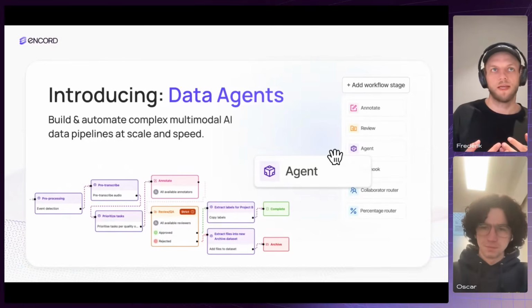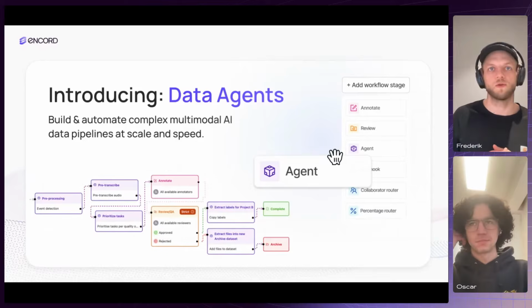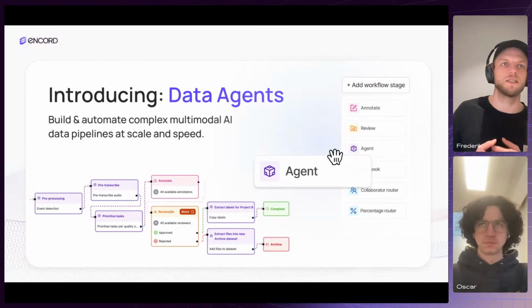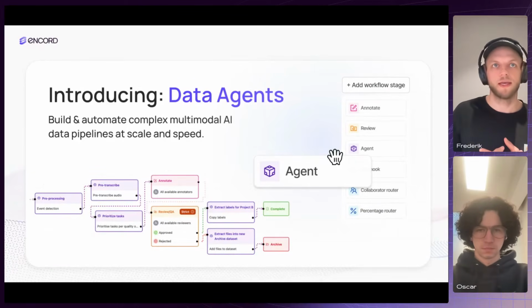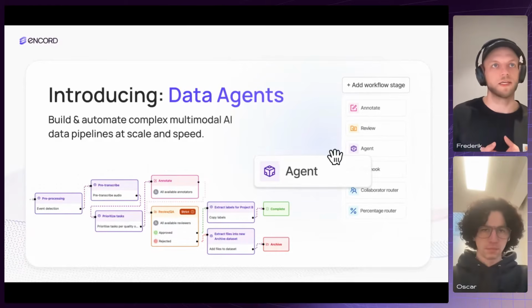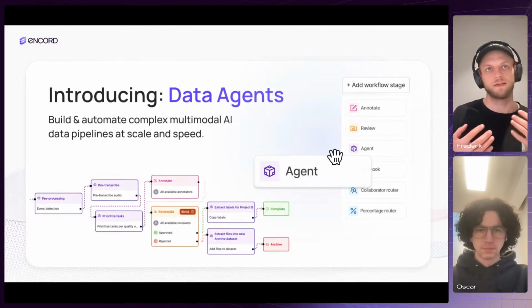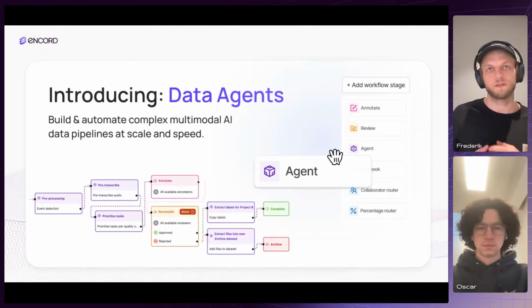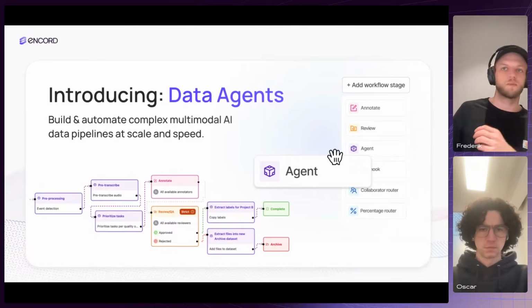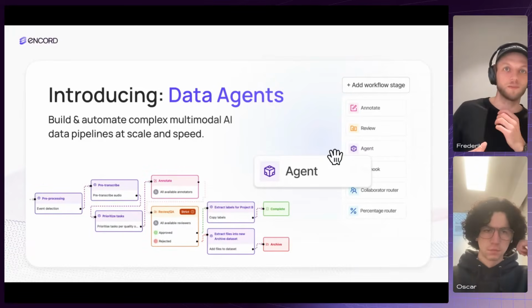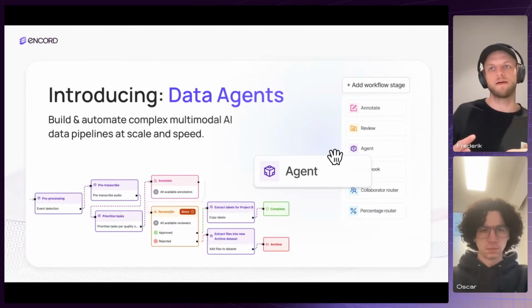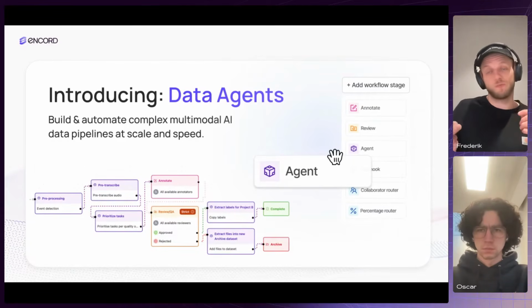Now, coming back to these graphs we were looking at before, where we had these red and orange nodes where humans were involved, we're now introducing these new purple nodes. They allow you to build complex data pipelines that can do automatic things on your data. All these automatic things are stuff that we mentioned already: pre-labeling, routing based on your custom metadata or on what's in the image, reasoning based on whatever model you want to use.